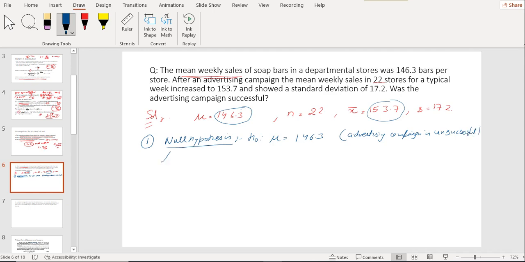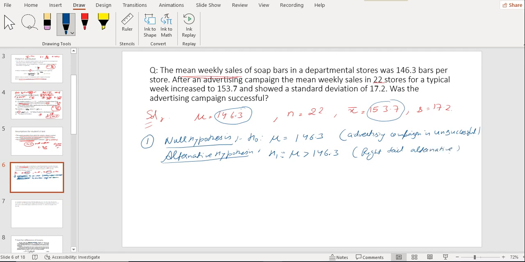And what about the alternative hypothesis? We want to check that the advertising campaign is successful, so we are expecting that the average sale is increased. So basically it is a right tail alternative.